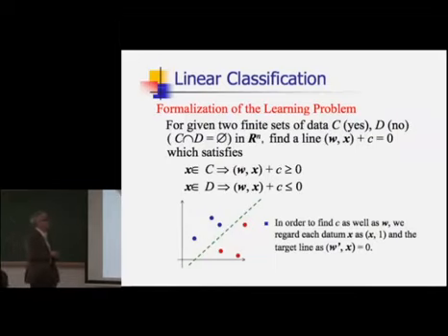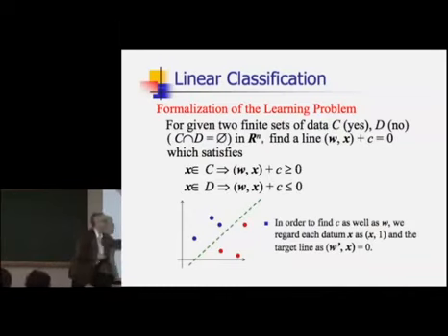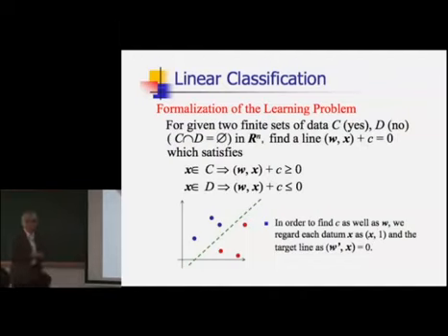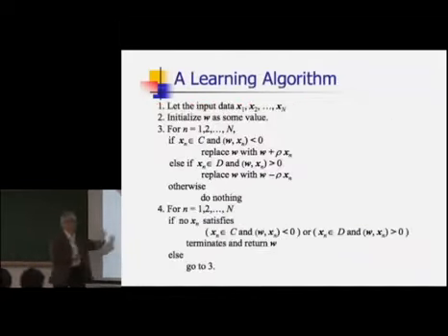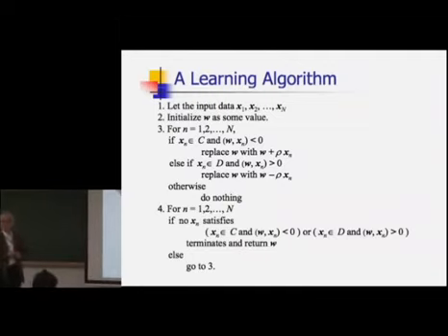The task of the learning machine is to find the linear function which can distinguish these two sets. Just like this here. Consider that these blue points represent elements in C, and these red points represent elements in D.